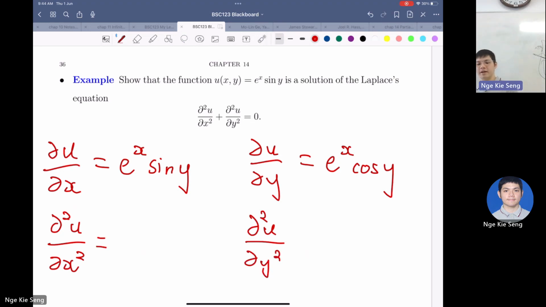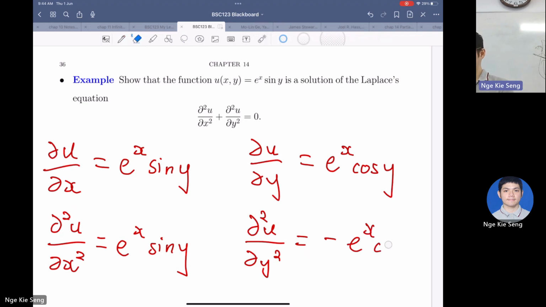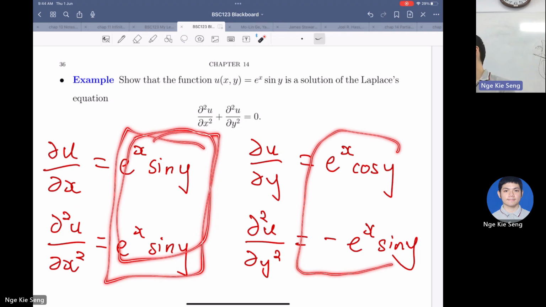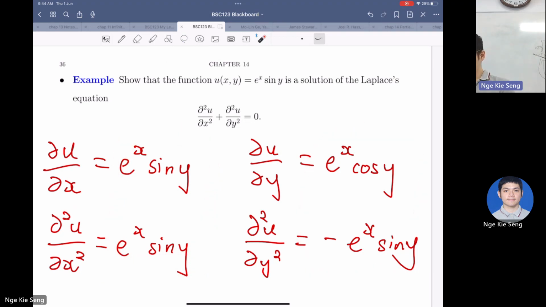Okay. So differentiate again with respect to x of del u del x. You get the same thing, right? Okay. Differentiate del u over del y with respect to y. What do you get? Minus e to the x times cos y sin y. Okay. So you can see that one of them is just repeating, but the other one is alternating.